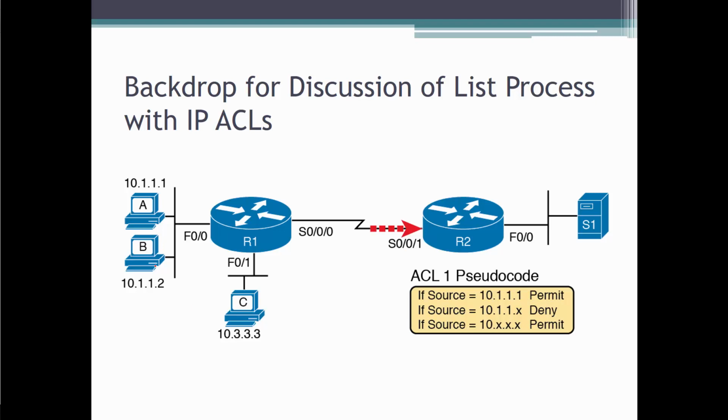If you're PCB, however, it checks 10.1.1.1 permit, and since I'm not 1, it ignores that and goes on to the next one, 10.1.1, any other number. I'm 2, so automatically deny. Even though after that it says permit anything from the 10 network, it'll go line by line until it matches.